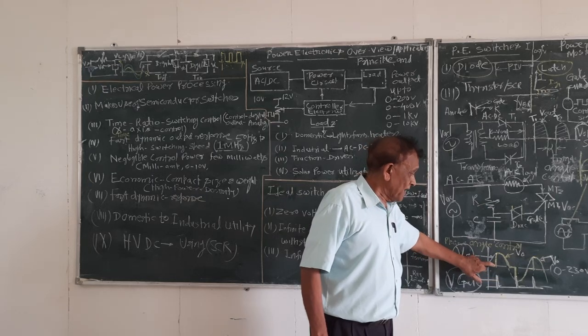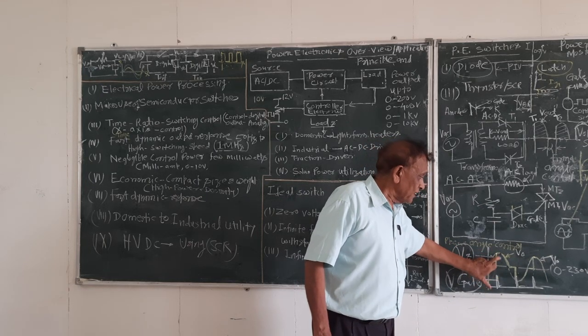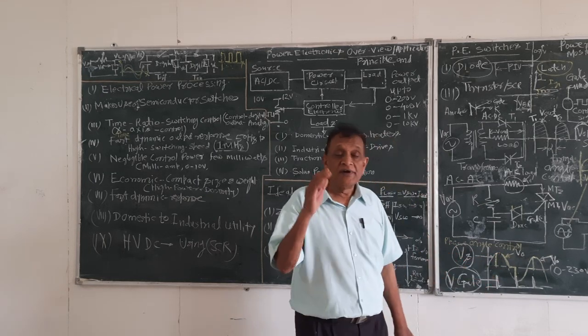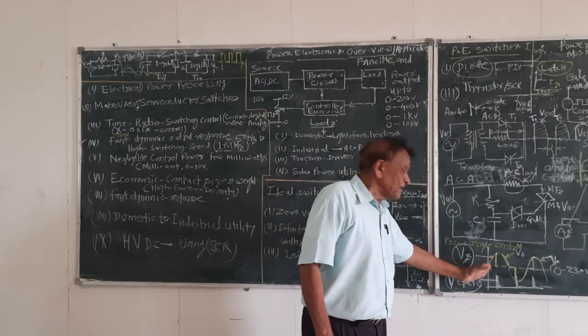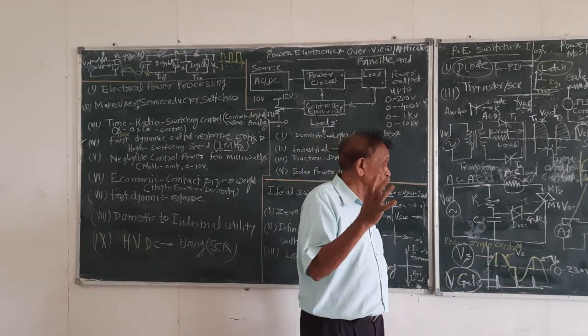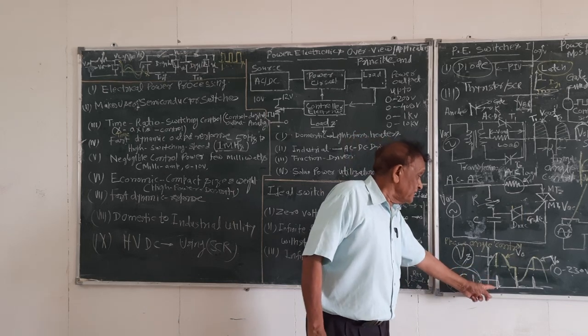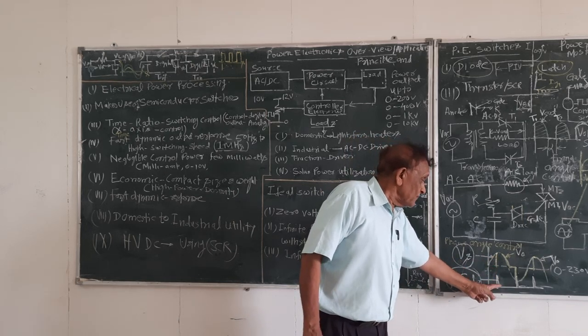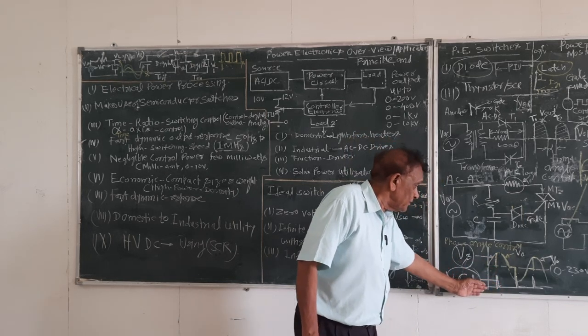If it is fired at this point, then the output voltage will reduce. If it is fired earlier, then the output voltage will increase. The fan motor speed can be controlled by giving pulses which can be shifted from here to here.